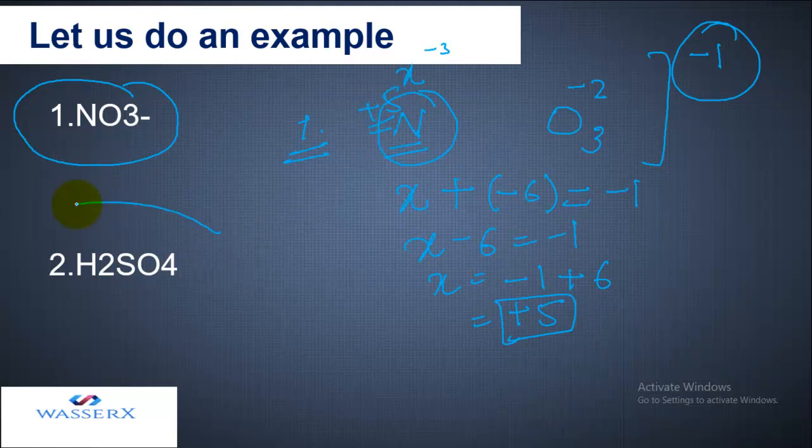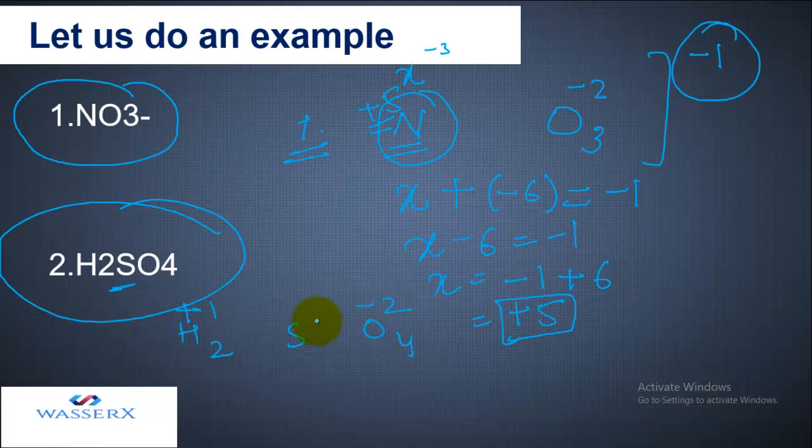So let's do the second. Let's say we have to calculate the oxidation state for sulfur in H2SO4. The first step is to write them with a certain gap between them. Let's write the oxidation states. We know that hydrogen is +1, oxygen is -2, and we have to find it for sulfur. So assume its oxidation state as X. Now let's add them.